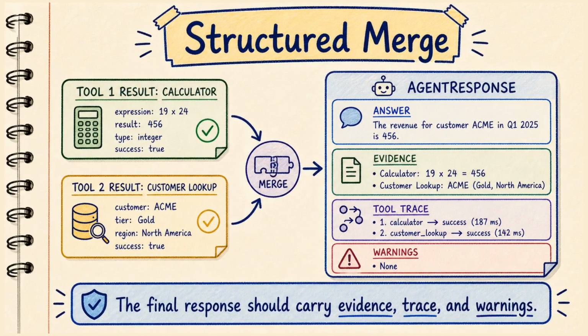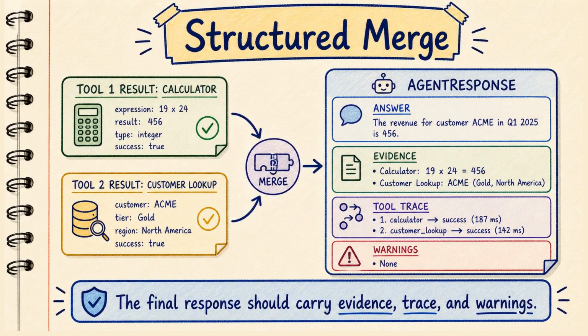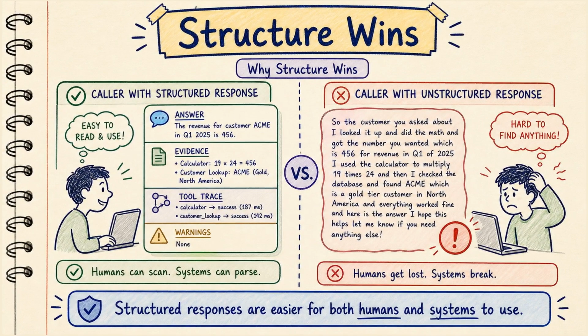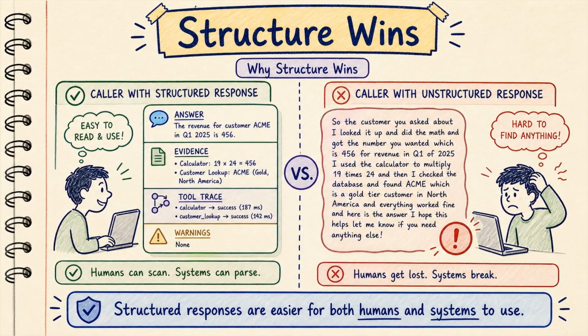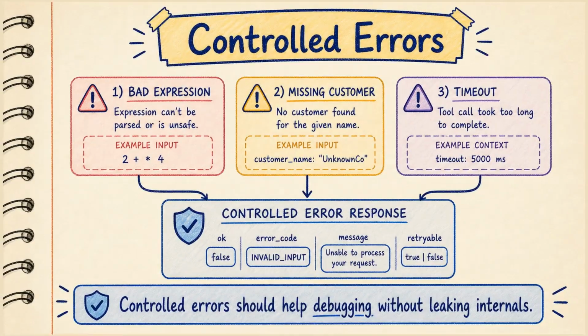After both tool results come back, the orchestrator merges them into one structured agent response with answer text, supporting evidence, tool trace, and any warnings worth surfacing to the caller. This is where structured responses pay off. The caller can render the answer, inspect the evidence list, or branch on warnings without scraping meaning out of a paragraph.